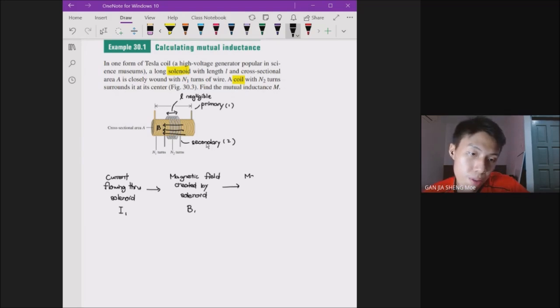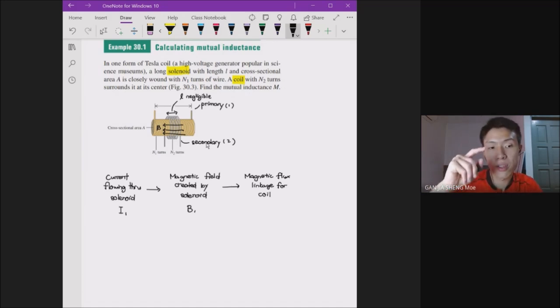So you have magnetic flux linkage for the coil. For the secondary one I'm going to call it coil; the solenoid has length, a coil usually doesn't have length. So I'm going to call it phi2.